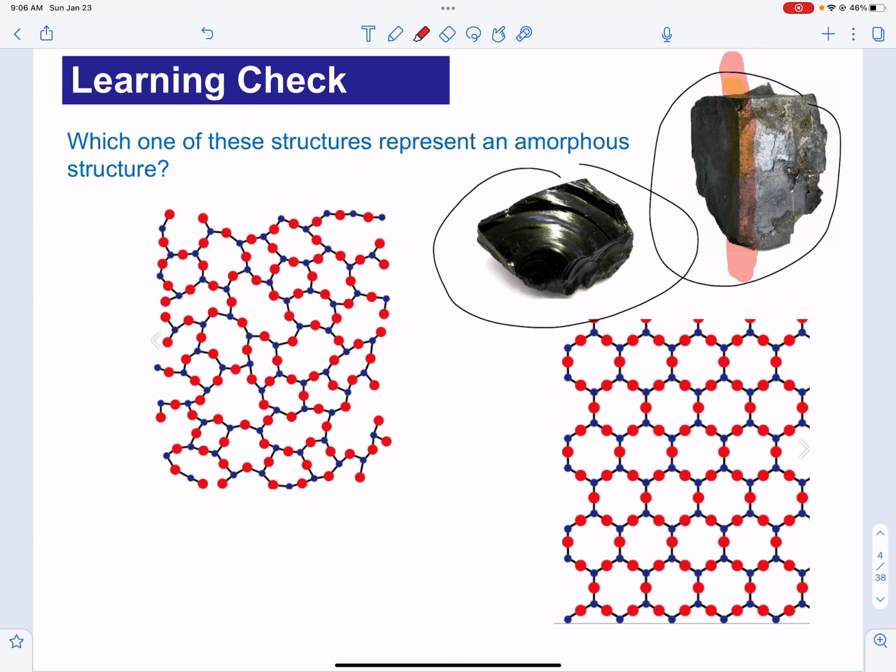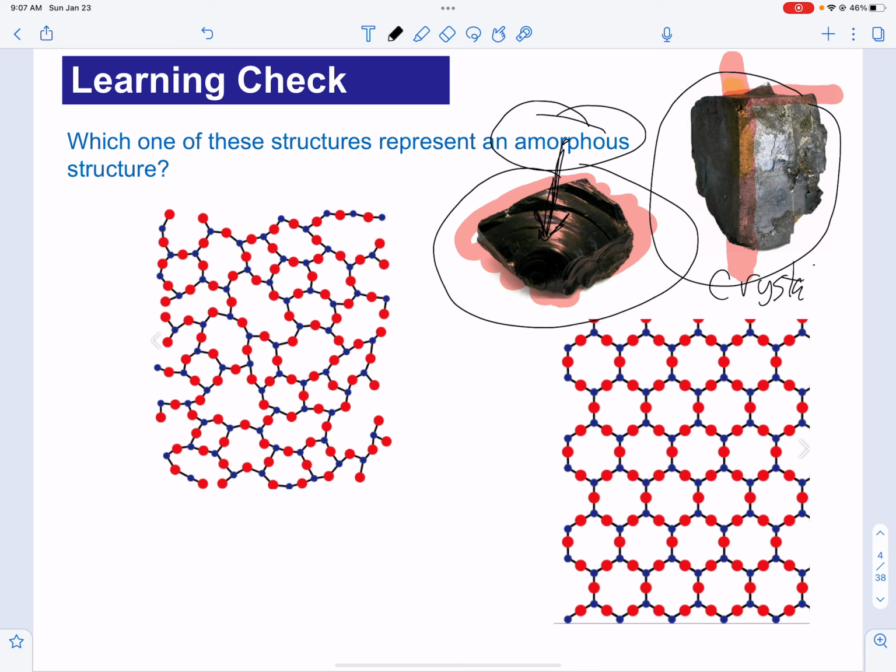So that wouldn't be amorphous because you have very, very defined edges on some of the sides. In contrast, this one, there's no defined form for that one. So this one would be the amorphous one, and then the one that is not amorphous, we're going to call it crystalline.